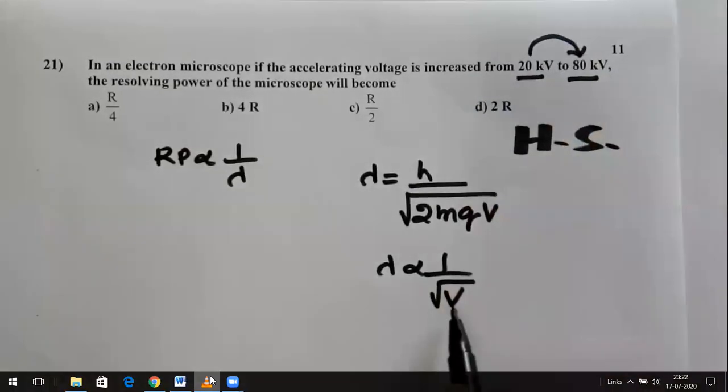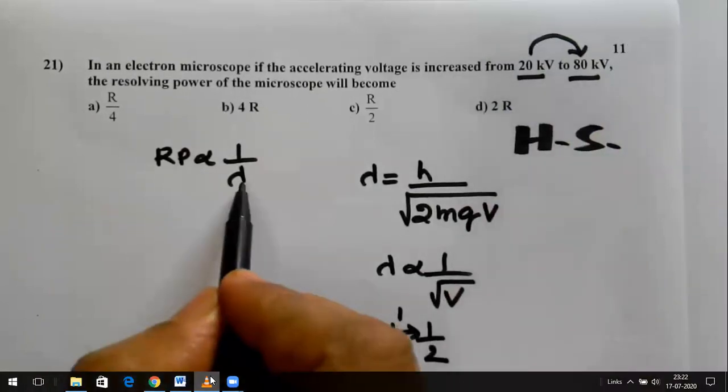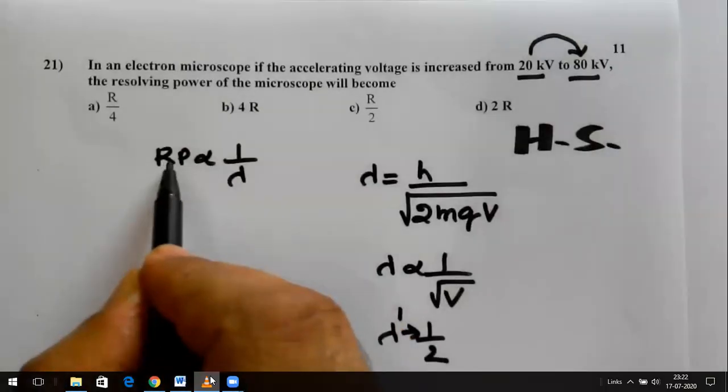When the accelerating voltage is made 4 times, lambda becomes half of the previous value, because when you substitute V as 4V, 4 times the original value, you will get a half extra in this formula. So lambda dash becomes half of the original value. When the lambda gets halved, resolving power should get doubled.